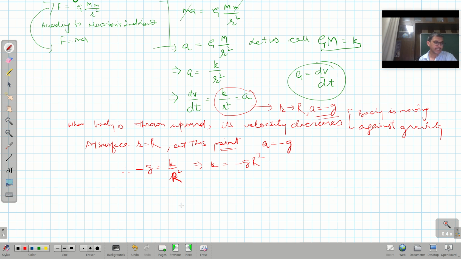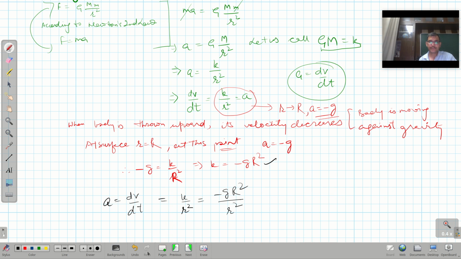So therefore acceleration, dv over dt, can be written as minus k upon r square, and k is minus g R square, as we have seen, upon small r square.